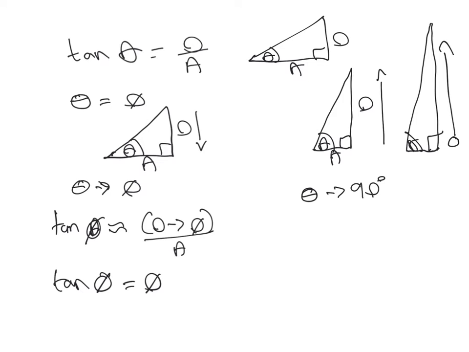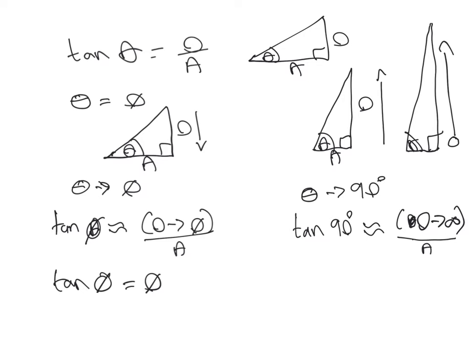So tan of 90 approximates to this: as theta gets to 90, the opposite is going to tend towards infinity, because that line is just going to get bigger and bigger. That is divided by the adjacent.